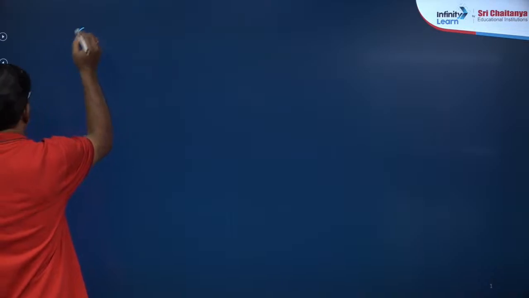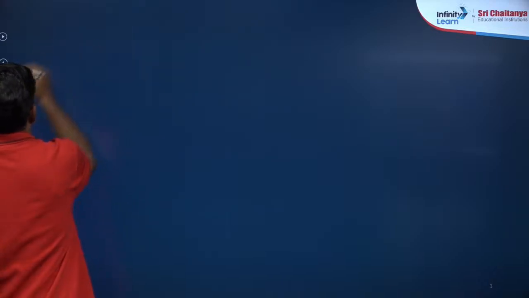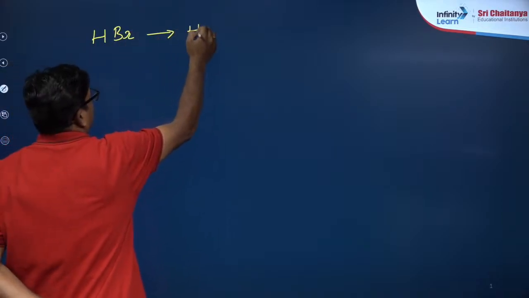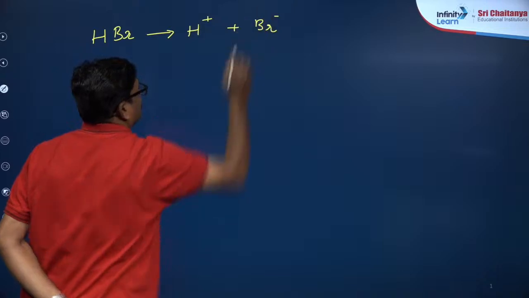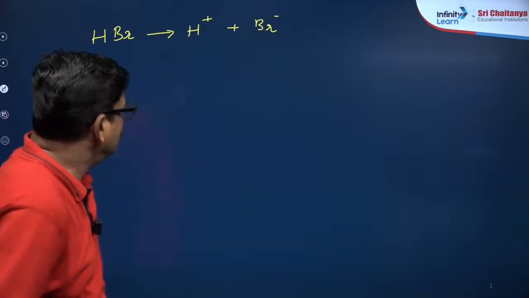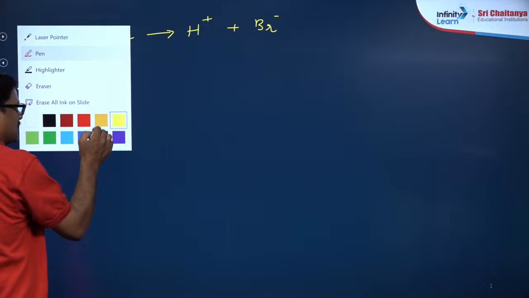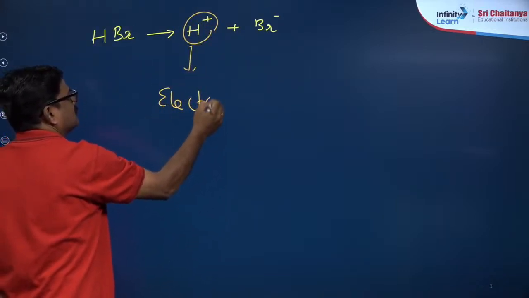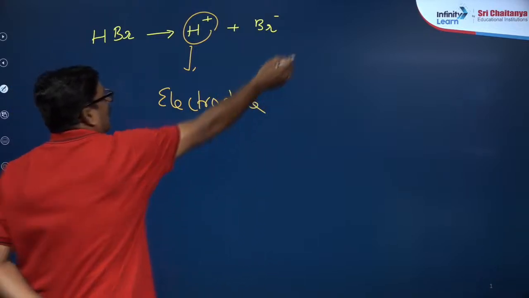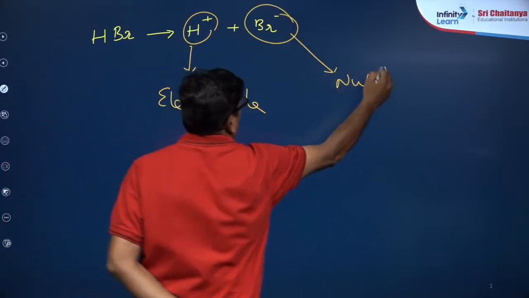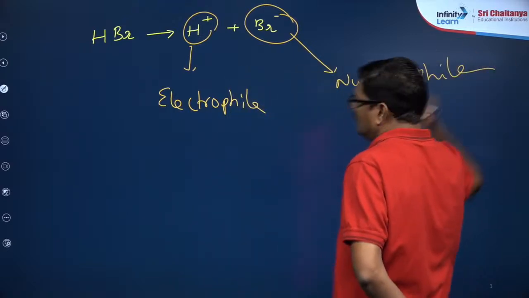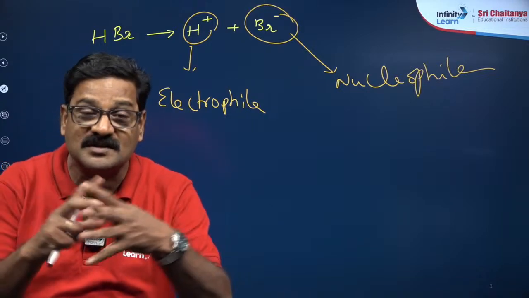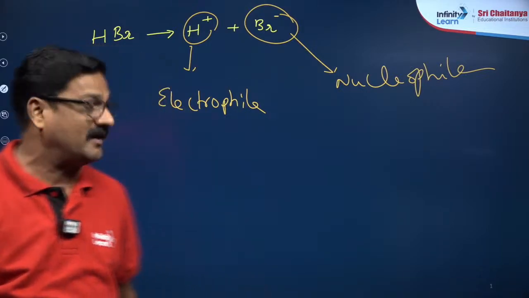Here HBr, you just want to take, it is written as H plus and Br minus, है ना, right? So this H plus, it is an electrophile. And Br minus, this is called a nucleophile.